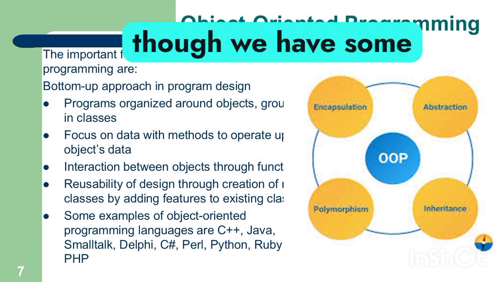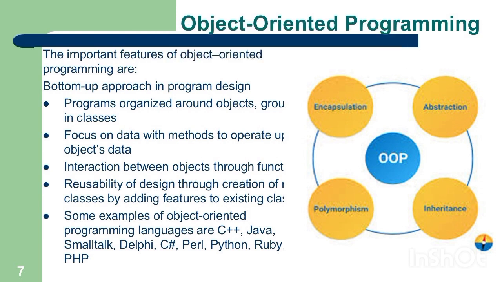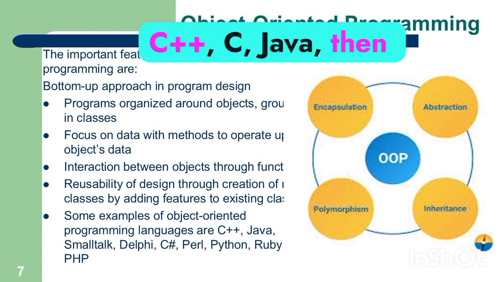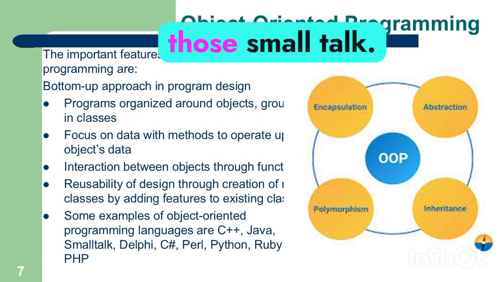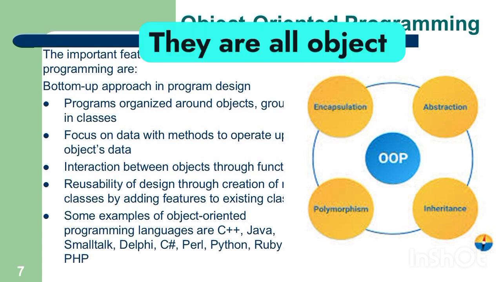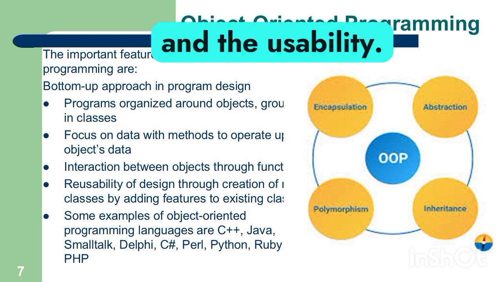We have examples of these object-oriented programming languages, and these include C++, C#, Java, Smalltalk. We have a lot of them: Python, Ruby, PHP. They are all object-oriented programming languages. They allow modularity and reusability.